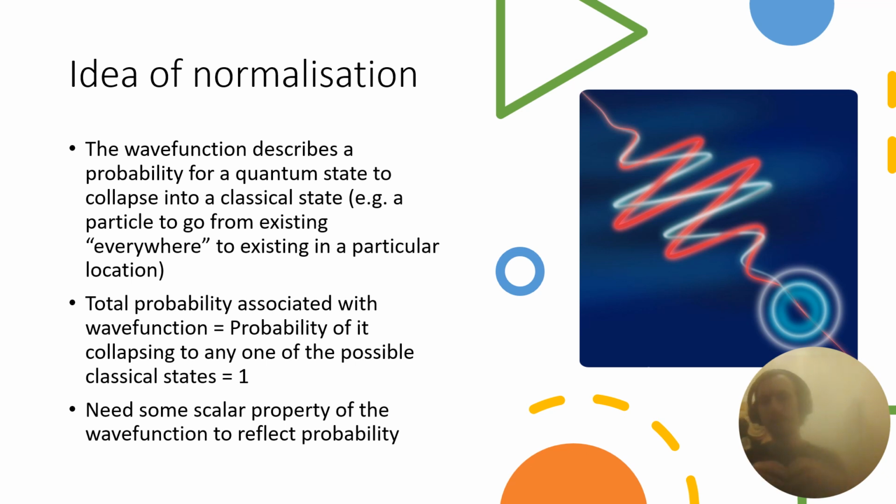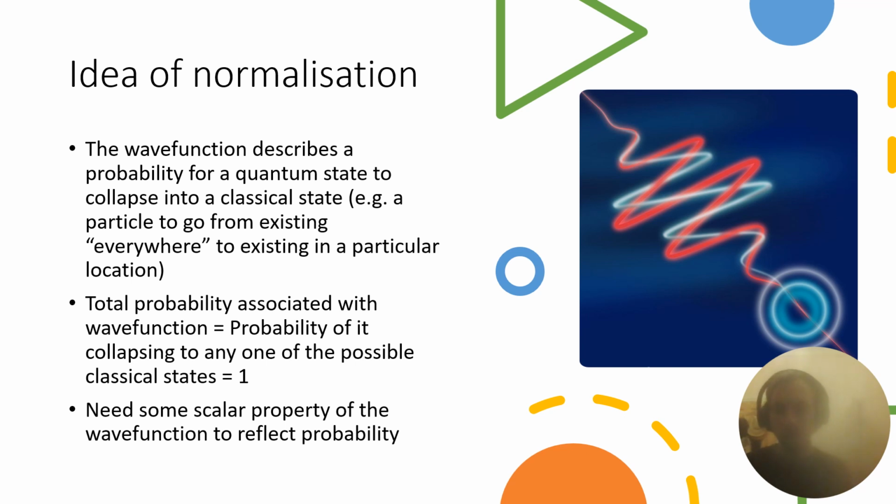And so we need some notion of a scalar variable, i.e. not something with direction. We want an idea of a scalar variable, where the scalar variable would tell us about the probability contained within the wave function.